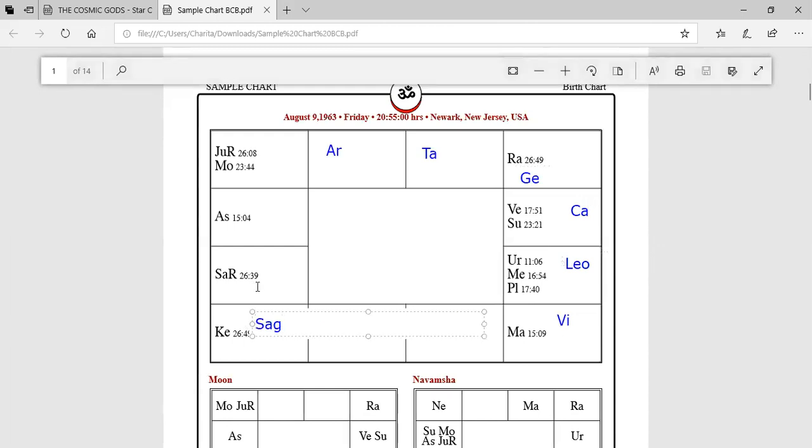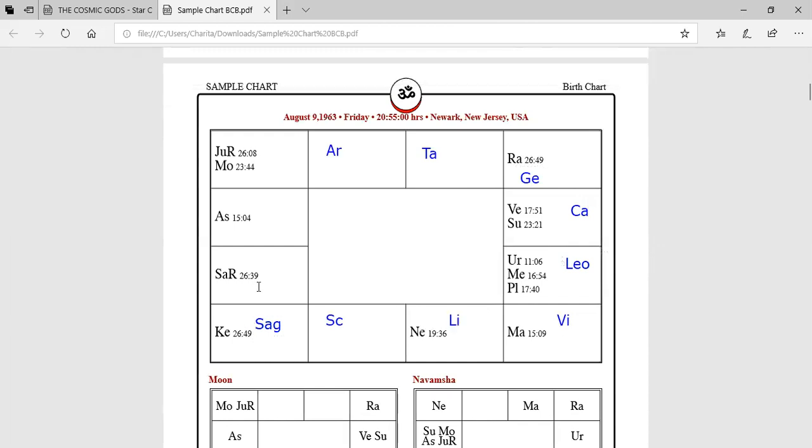This will always be Capricorn. This will always be Aquarius.